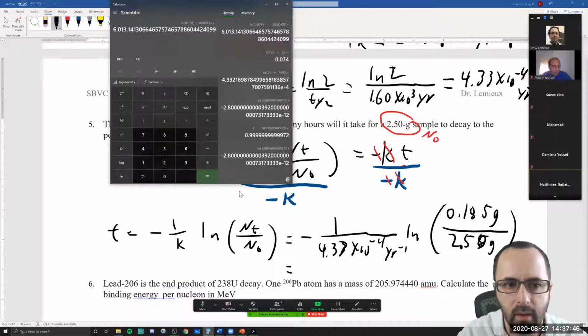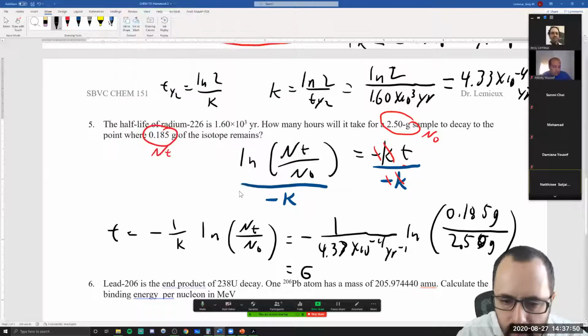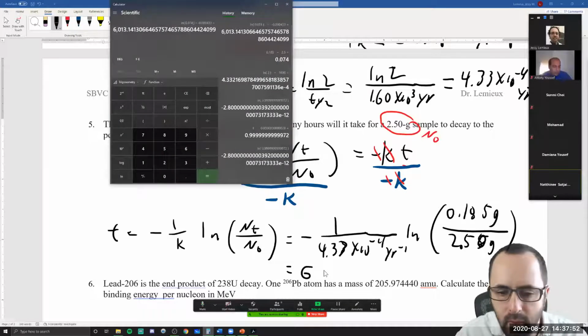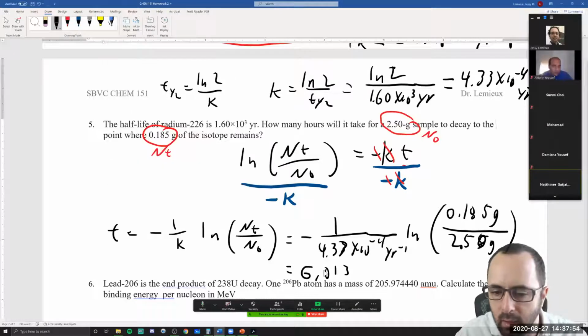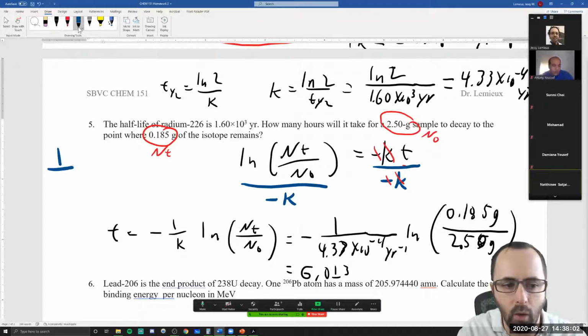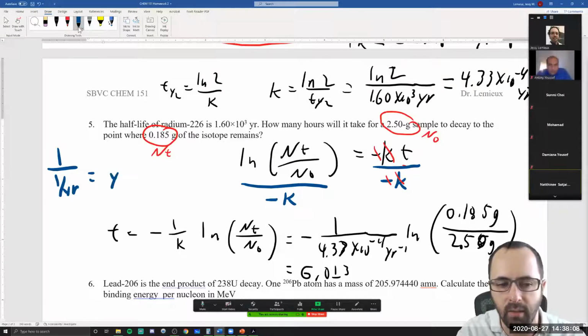And I get about 6,013. And the units are 1 over years. So your units are 1 over year to the -1, or year to the -1 means 1 over year. So that means that's year.